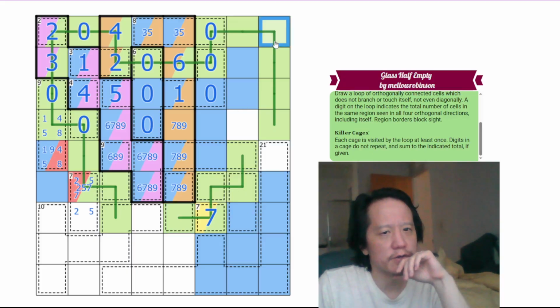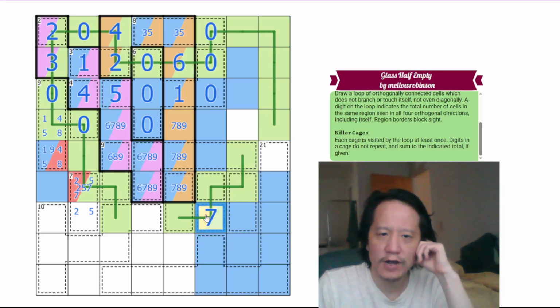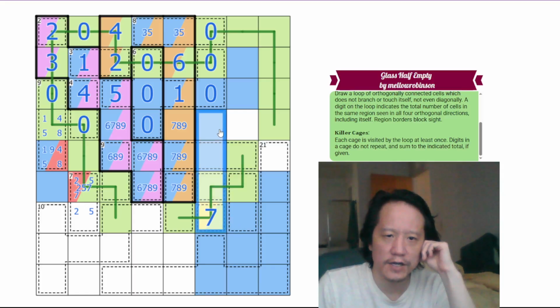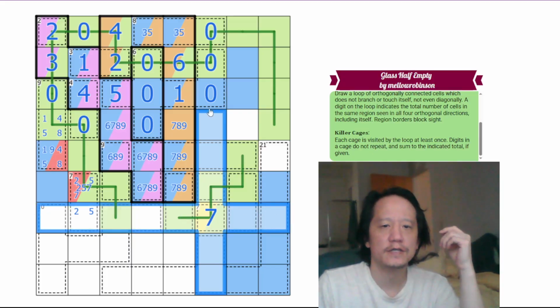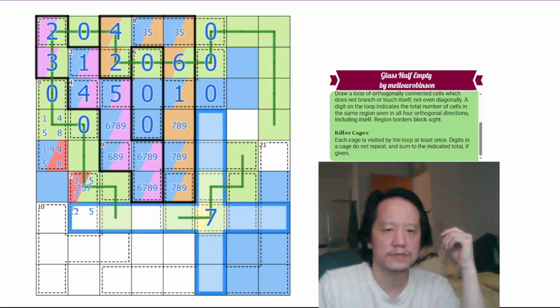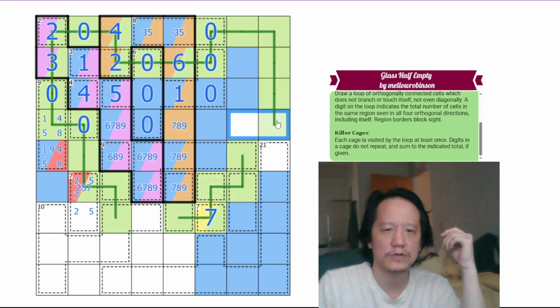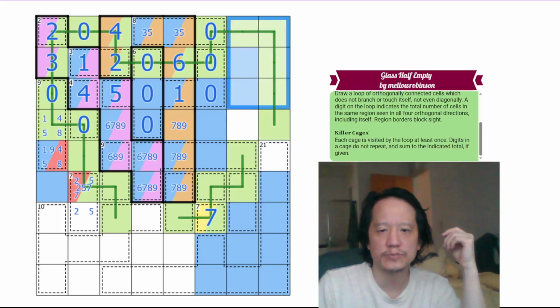If it goes there, it would have to be 1, 6, 7, 8, or 9. But again, yellow, how far can yellow go? Yellow can have 2 that are not on in this space. So that means it could go only 1, 2. So these are all guaranteed to be zeros.